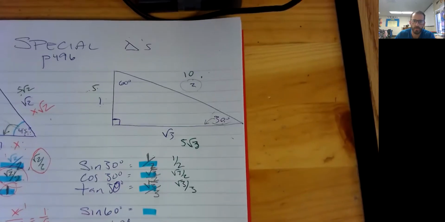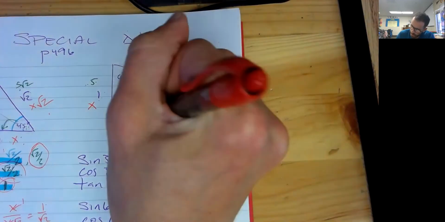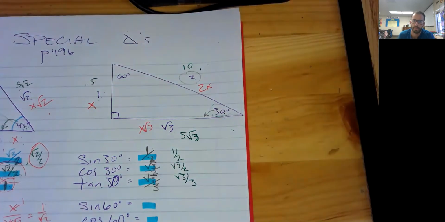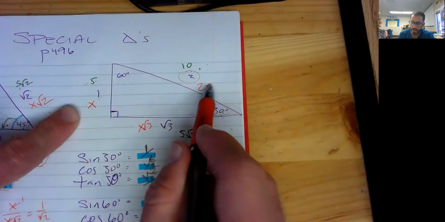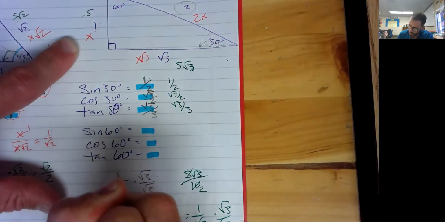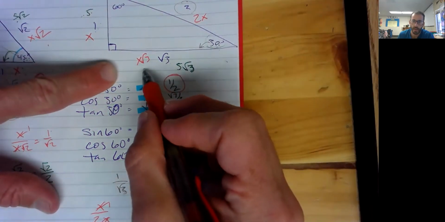So what if I just said any number? Any number rad 3, and 2 times any number. What do you think is going to happen? x over 2x. Just so you can see. x goes into x 1 time, so 1/2. x rad 3 over 2x. The x's cancel out, and we're left with rad 3 over 2.